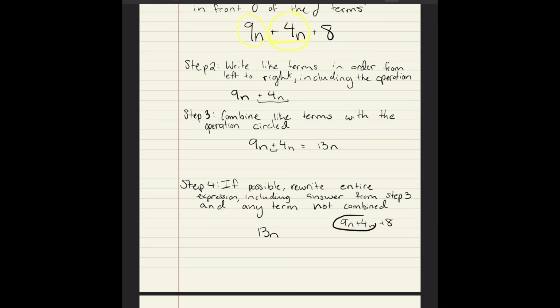We combined these two, so we're done with them, but we're left with plus 8. These are a little package deal, so we add that: 13n plus 8. You might not always have to do that, which is why I said if possible, but that would be your final answer. Sometimes you'll just be given 2 like terms and you just have to combine them and you're done.